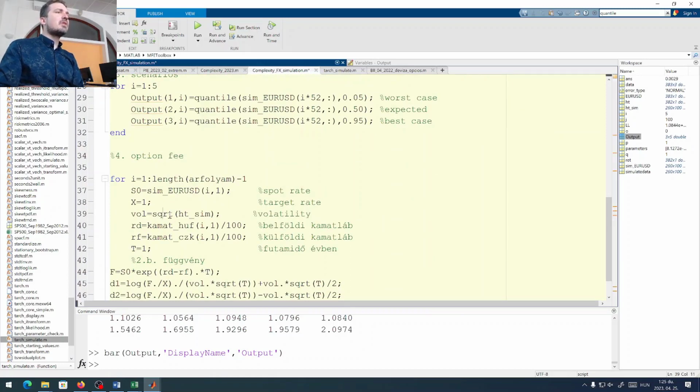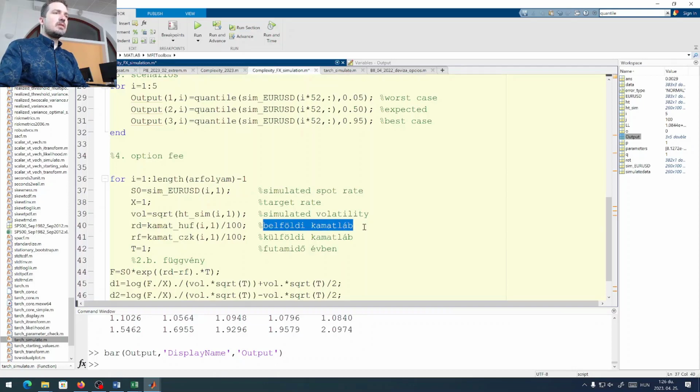But what is really important is that the HT is the square root of volatility, so we have to take the... Sorry, it was the variance. So to get the standard deviation, we need the square root of it. So simulated volatility, simulated spot rate.